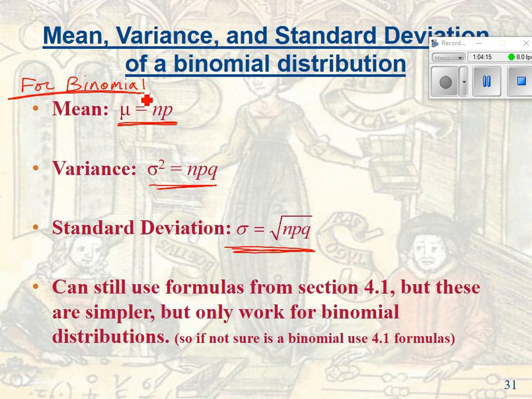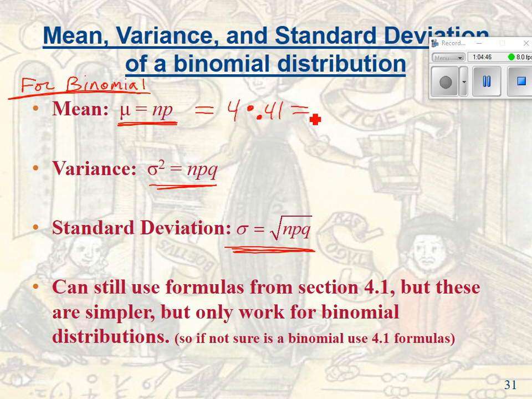So if Zoe doesn't remember any of these, could she go back to what we did and use a calculator, find the variance and standard deviation using those formulas from last class? Yeah. But if it's a binomial, then this is a little easier, because all this says is the mean is just n times p. So for the women that we just got done doing, n was 4, p was 0.41.